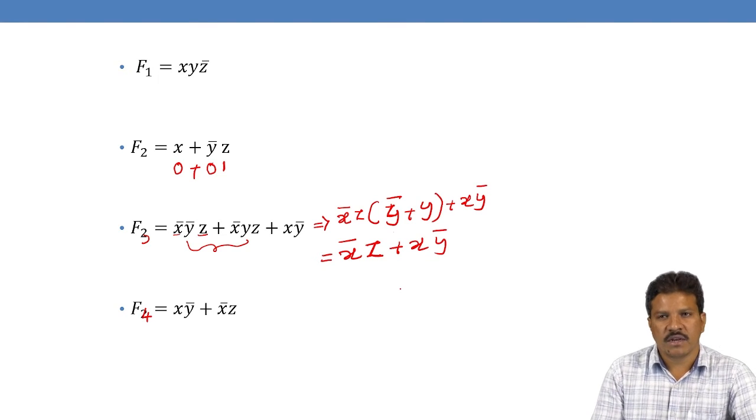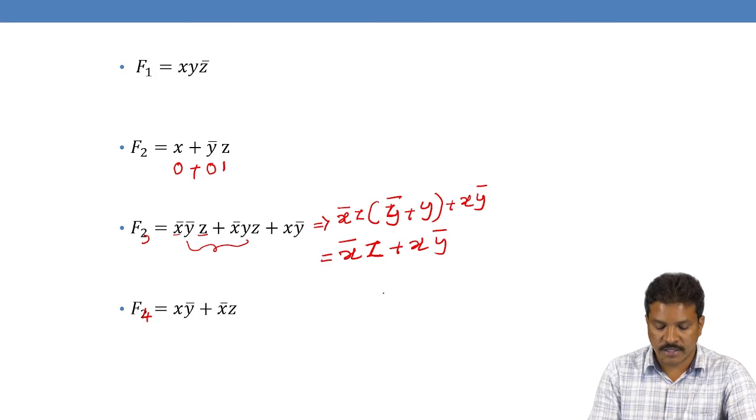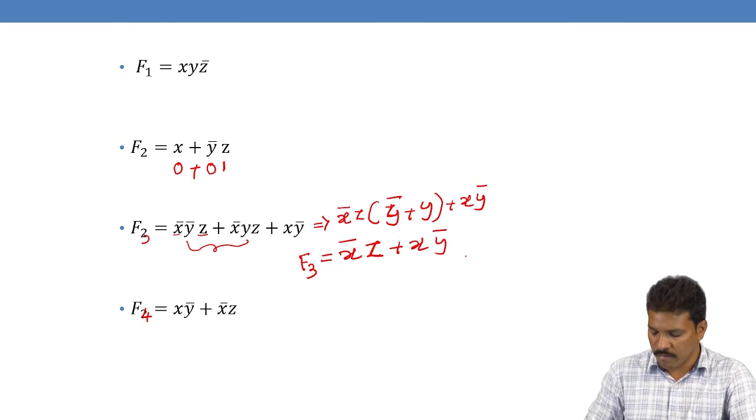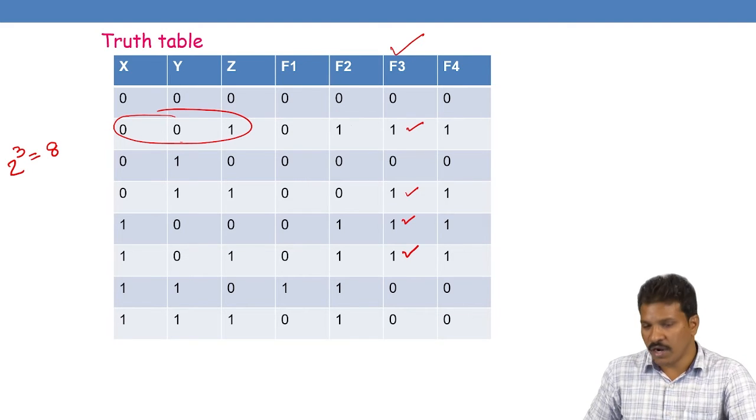The Boolean function which we get, removing the redundancy in the expression, is x bar z and x y bar. When we take this f3 expression, x bar z plus x y bar also gives the same truth table column that we get for f3, but as two different Boolean functions.